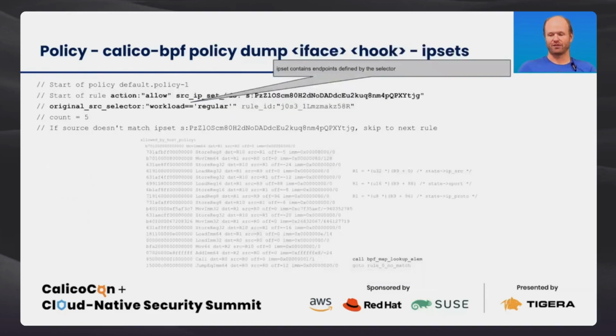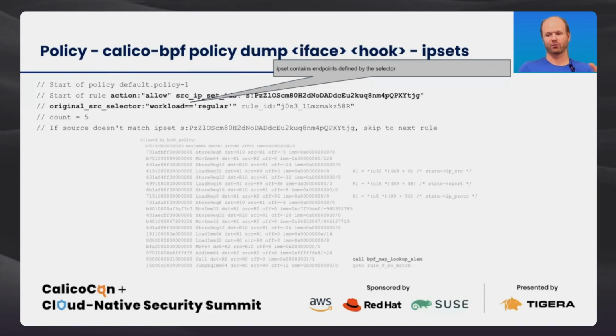I mentioned before that the policy can also refer to some BPF maps. We mostly use the BPF maps for IP sets. We borrow the term from iptables because at the end of the day, it is really just a set of IPs. And these sets of IPs are typically created when a policy uses a selector.